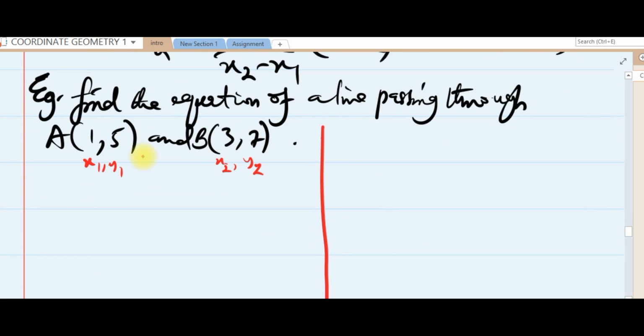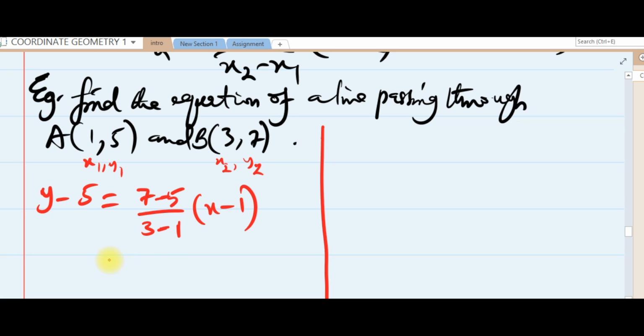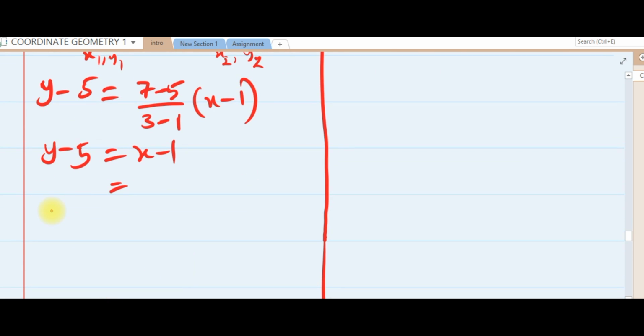So the first one, I'm using the first point now. So this is y minus y1, which is 5, equals our slope, 7 minus 5 over 3 minus 1, times x minus 1. So this is 2 over 2, which is 1. So I have y minus 5 equals x minus 1. So the final answer for this is y minus x equals 5 minus 1, which is 4. So that's our equation.